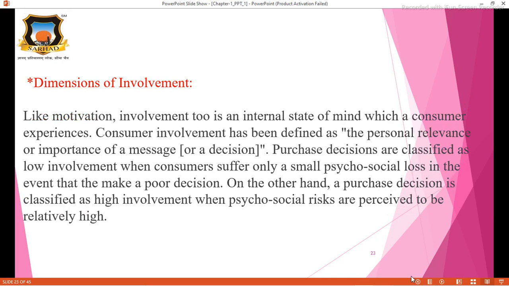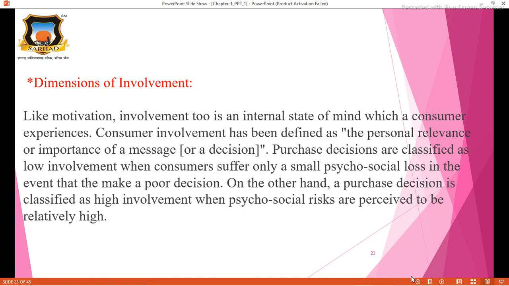Next, see the dimension of involvement. Like motivation, involvement too is an internal state of mind which a consumer experiences. Consumer involvement has been defined as the personal relevance or importance of a message or a decision.